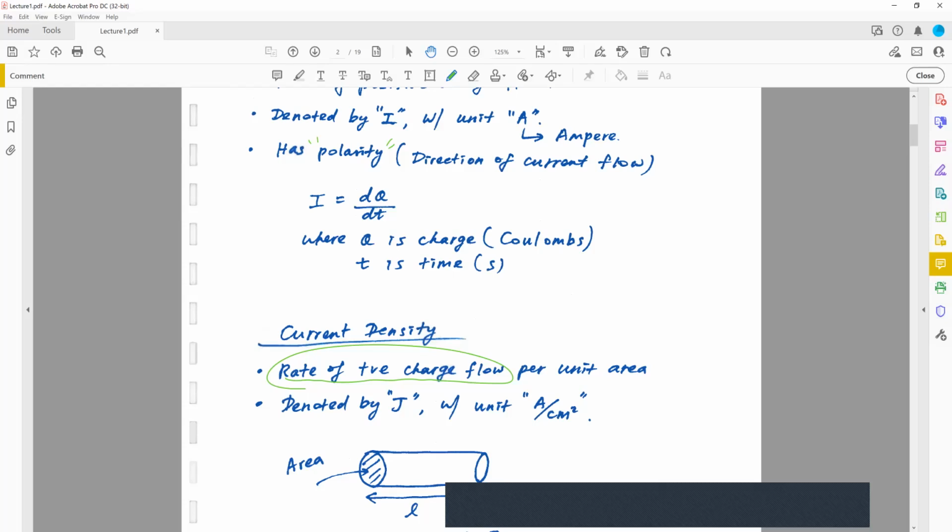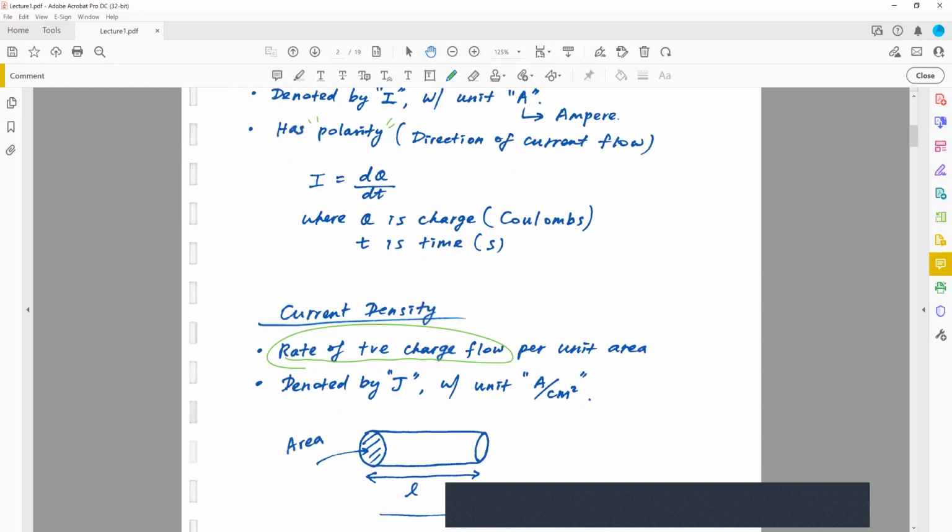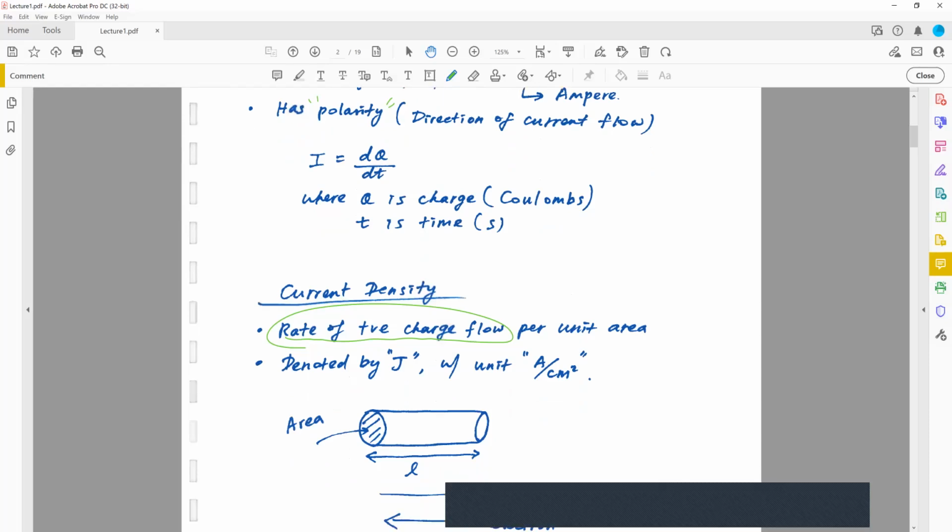And of course, depending on the dimension of, for example, a wire or conductor, you can have A per meter square. Okay, so in this case, I'm using centimeter square. So instead of using I, we're going to introduce this J. So J is used to denote current density. Current is denoted by I, and the current density is denoted by J. And the unit, again, is ampere per centimeter square.